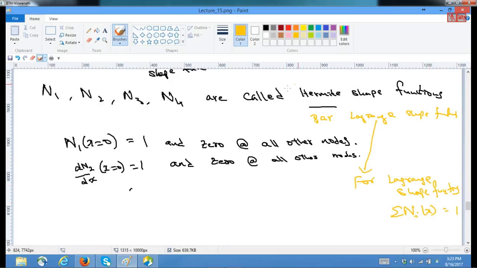However, this is not true for a beam element.